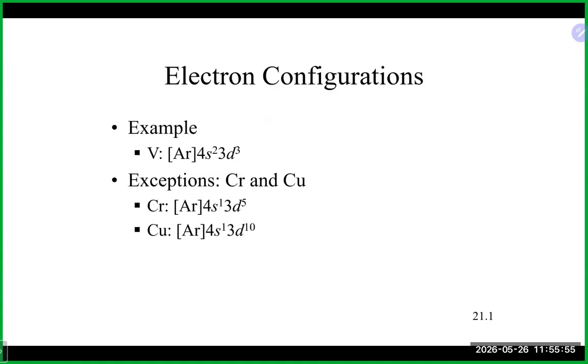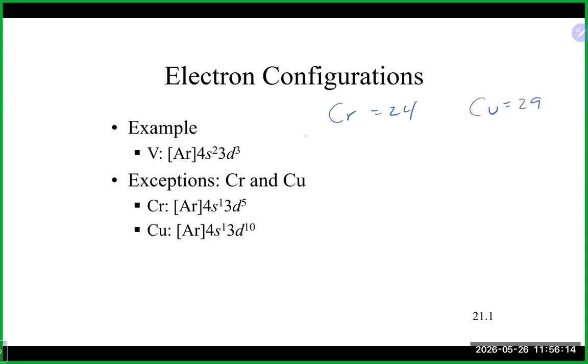Now, also a couple of things. There are definitely exceptions to this kind of normal filling order for electron configuration. Probably the two that most people are told they have to know are chromium, which is 24, and copper, which is 29.